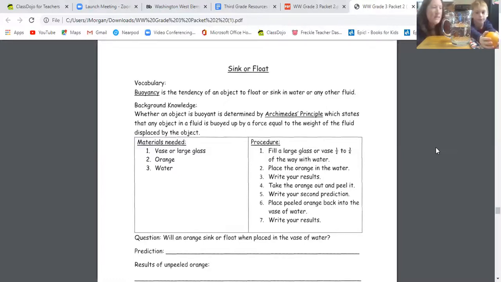You're going to place, not yet, but you are going to place the orange inside the water. Write your results. Take the orange out, peel it, write your second prediction. Place the peeled orange back into the vase of water and write your results. So the first thing you need to do is pause this video. Go get your materials. Hurry, we want to do it.